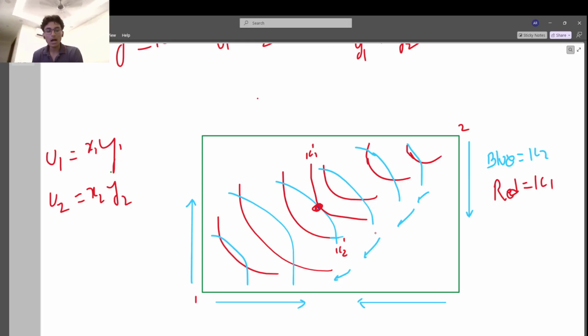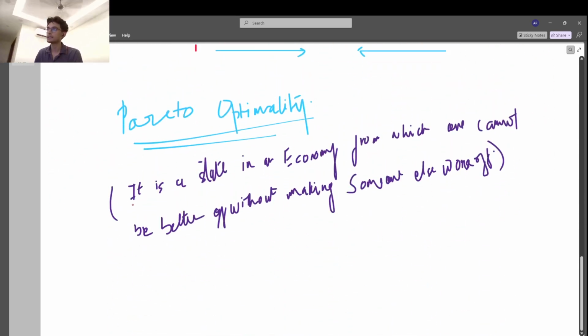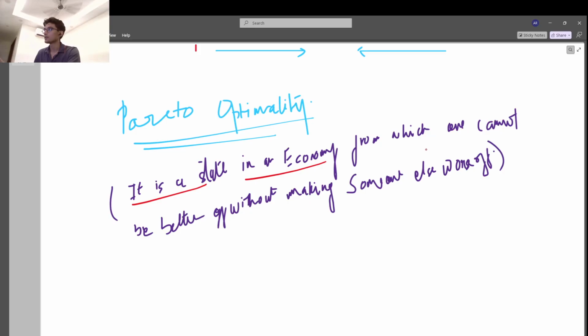So how do we tell that a feasible allocation is a Pareto optimal allocation? How did we define Pareto optimality? It is a state in an economy from which, if one diverges from a point which is Pareto optimal, he cannot be better off without making someone else worse off.